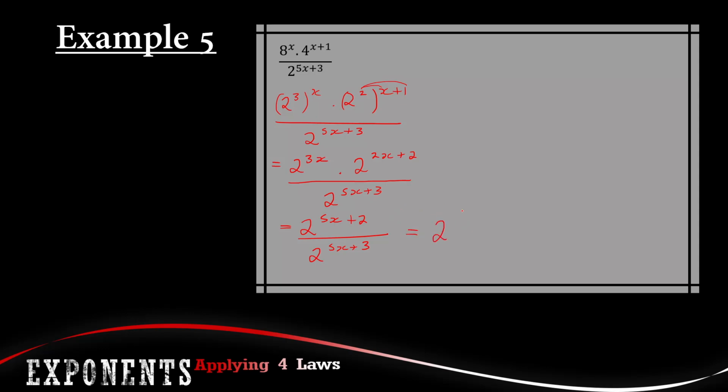So this is then 2 to the power of 5x plus 2, minus the bottom exponent, but we're just going to put brackets around that, 5x plus 3. If I multiply out the negative, I get minus 5x minus 3. So 5x plus 2 minus 5x minus 3, and that just gives me 2 to the power of negative 1, and that would give me a half.